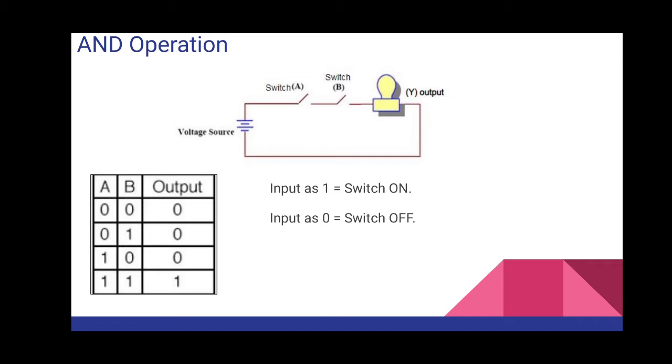Now observe the truth table. In the first row we are given the labels. A is the first input, B is the second input, and the third is the output we will be observing. Suppose I am giving input A as 0 and B also 0. So obviously the output will be 0.